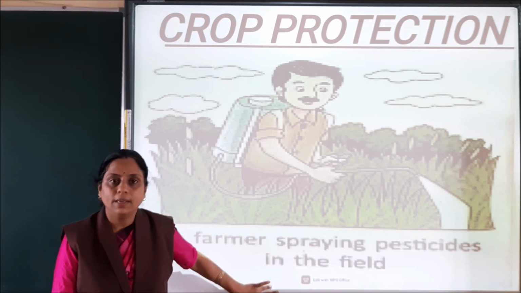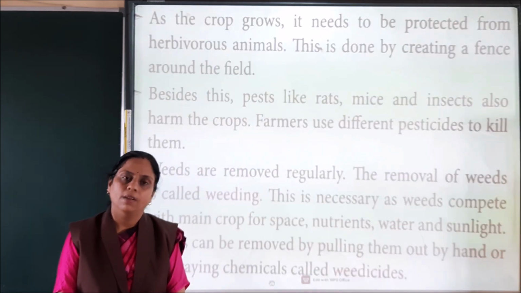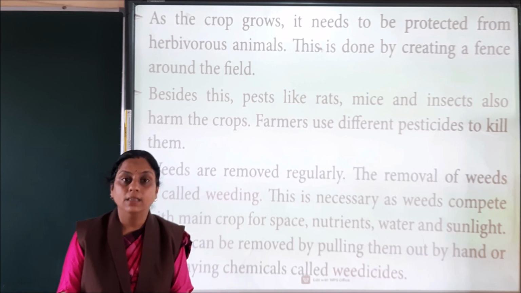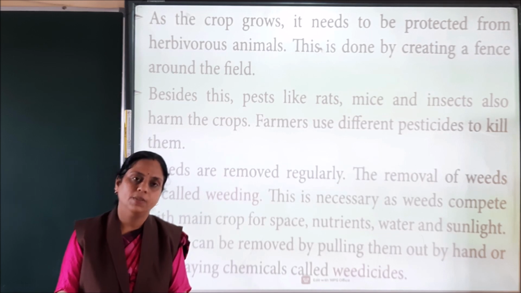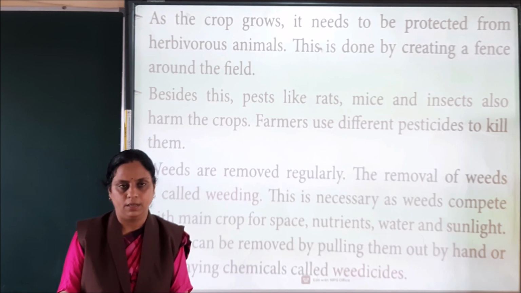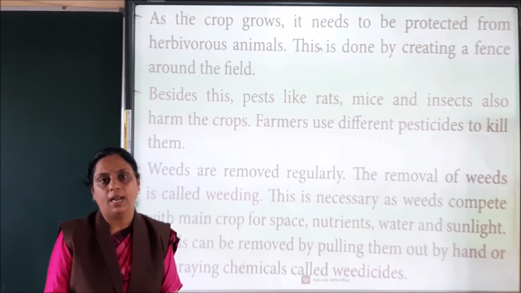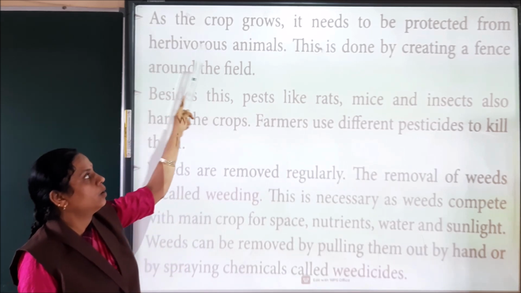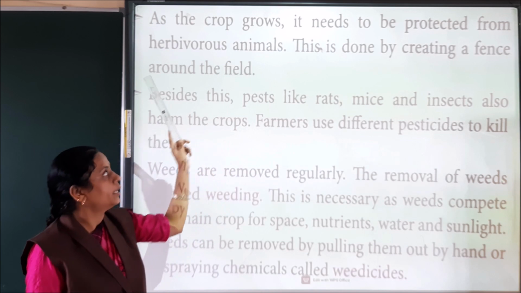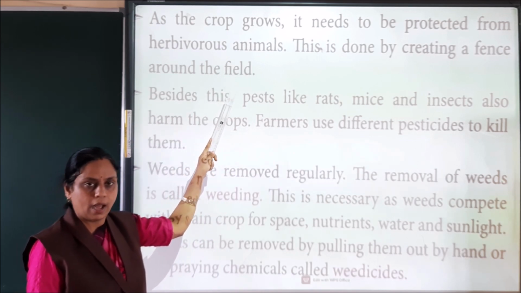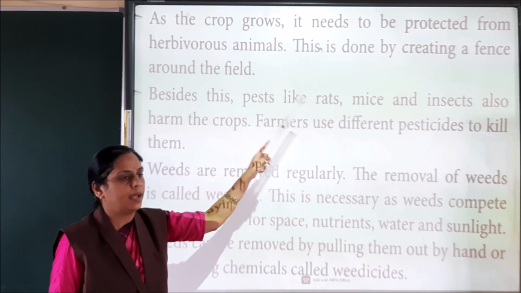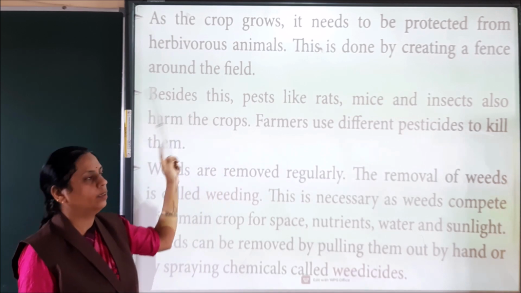So what steps are they taking? They create a fence around their field so that they can protect the crops from herbivorous animals, that means plant-eating animals. As the crop grows, it needs to be protected from herbivorous animals. This is done by creating a fence around the field.